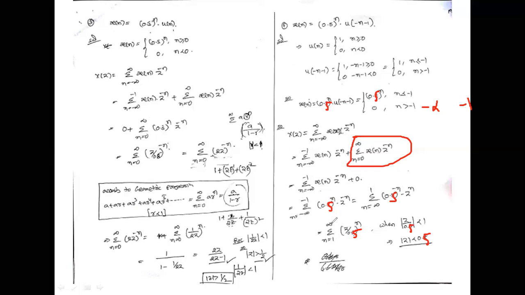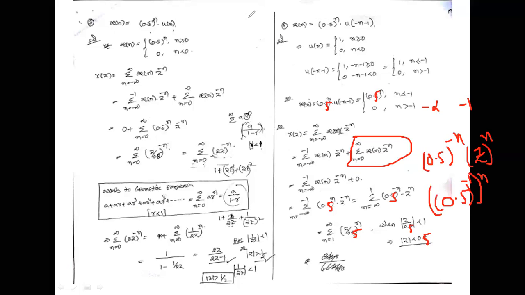So sum of n equal to 1 to infinity, 0.5 whole power minus n, z power n. Now we can change this as 0.5 whole power minus 1 whole power n, which is nothing but 1 by 0.5.